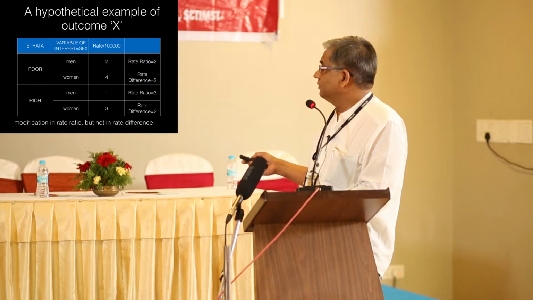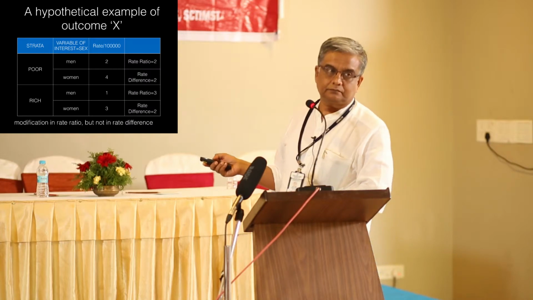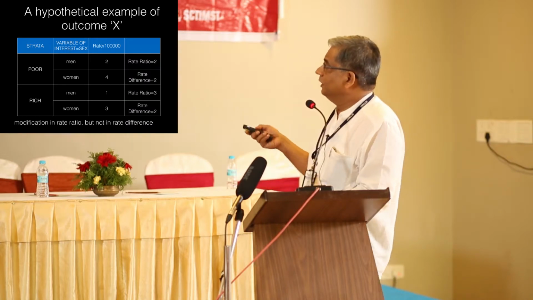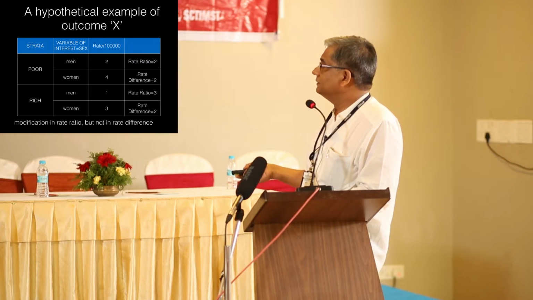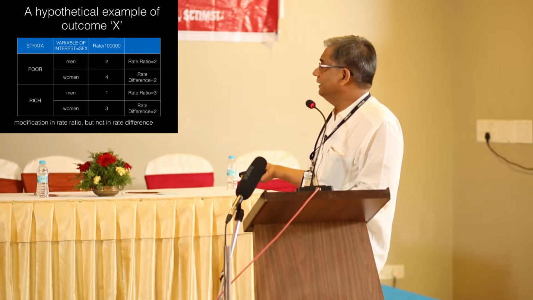Among the rich, the rate ratio is 3, rate difference is still 2, which means there is modification in the ratio measure, but not in the difference measure, just like the lines I showed. And it's economic level that is the modifier. You are looking at gender differences across economic strata, and in classical epidemiological parlance we would say economic level is modifying the effect of gender.